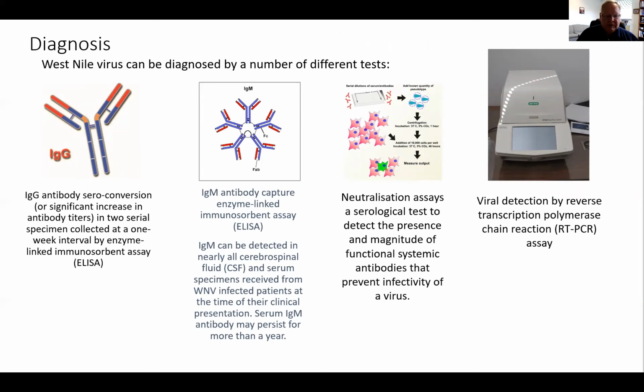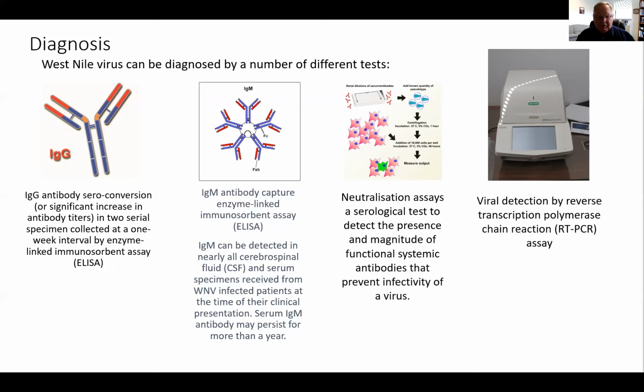We diagnose it a number of different ways: by IgG antibody seroconversion or a significant increase in antibody titers in two serial specimens collected at 1-week intervals, by enzyme-linked immunosorbent assay, the ELISA.